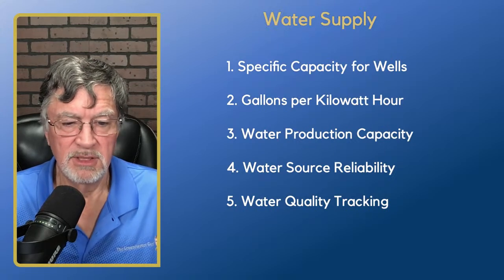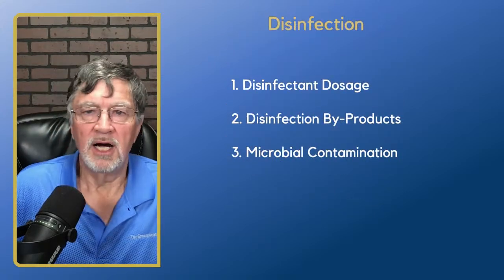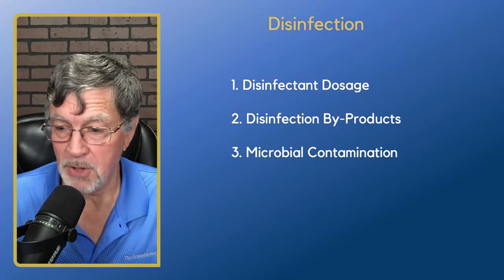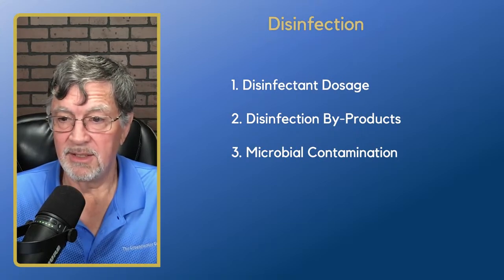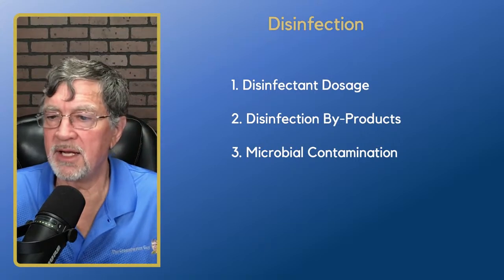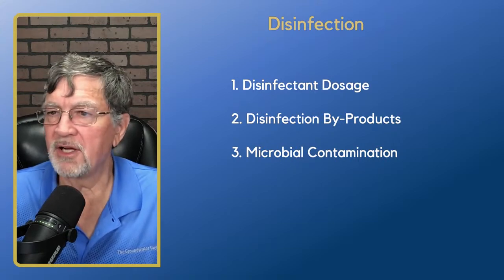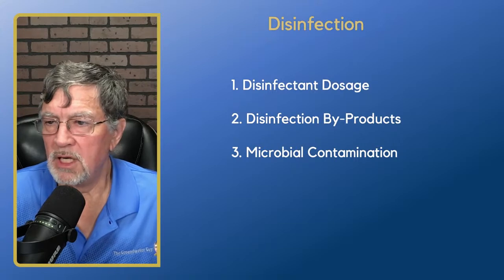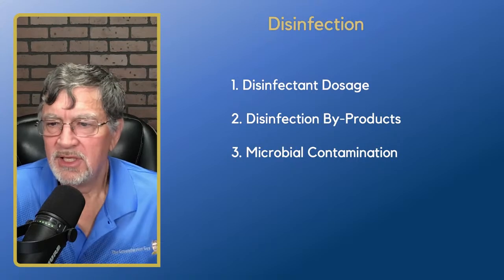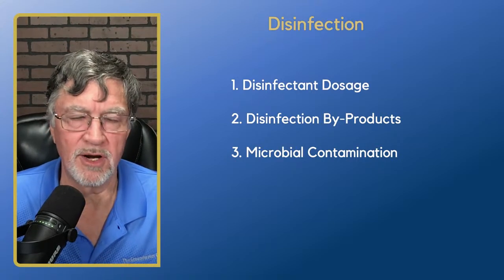So that's that. Let me move on here. Disinfection. This is obviously a really key component, and so we have really several areas we're looking at here. So disinfectant dosage, average disinfectant dosage, might be a KPI you could use there.